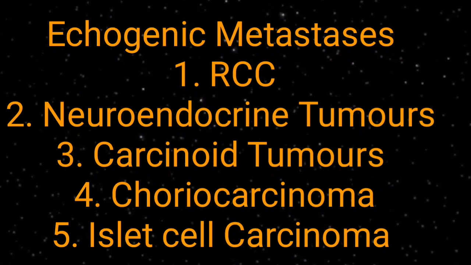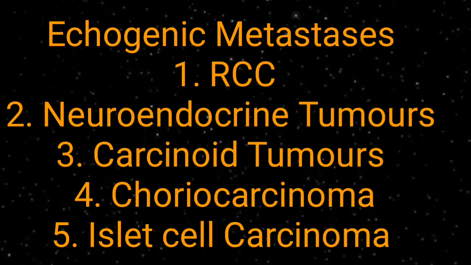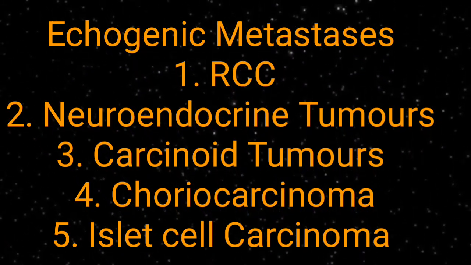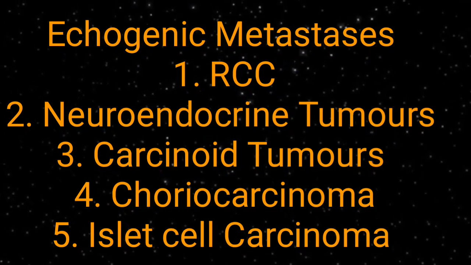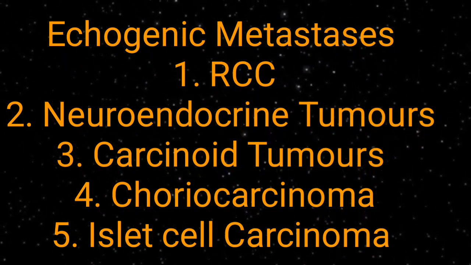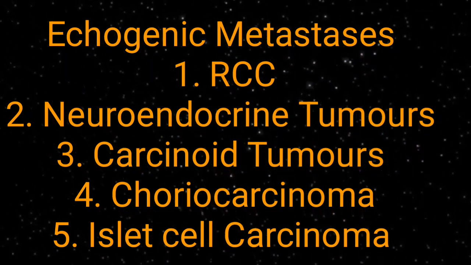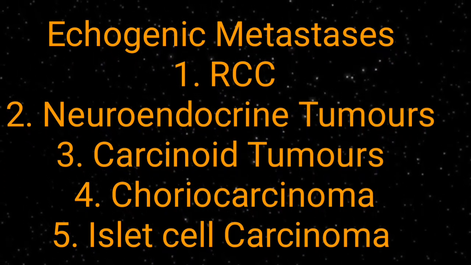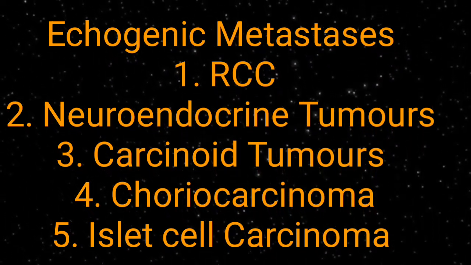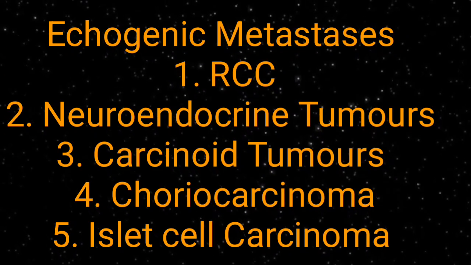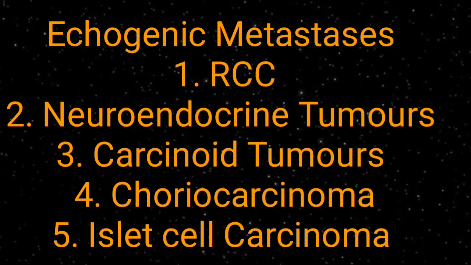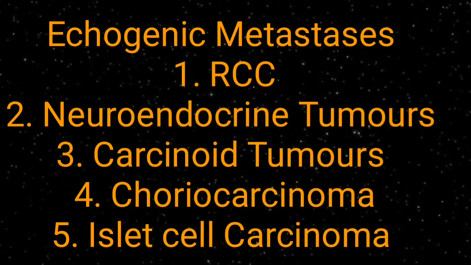This slide is just for revision to make understanding clearer about echogenic metastasis. Echogenic metastases are usually seen in renal cell carcinoma, carcinoid tumors, neuroendocrine tumors, especially choriocarcinoma, and in some cases islet cell carcinoma.